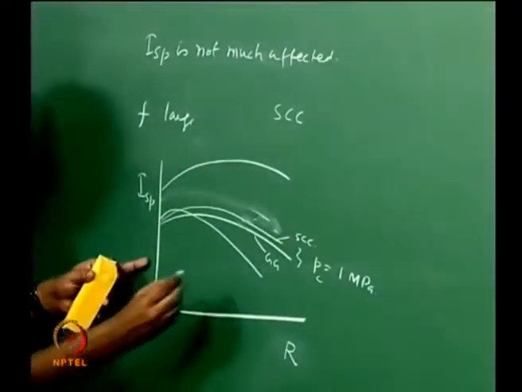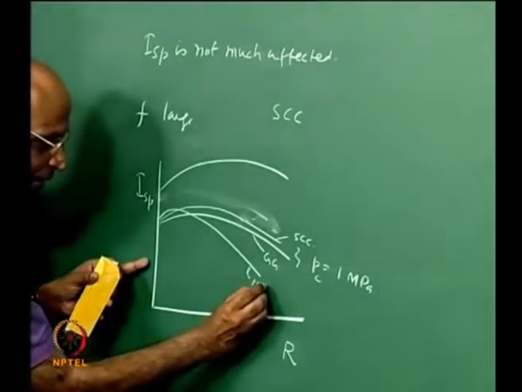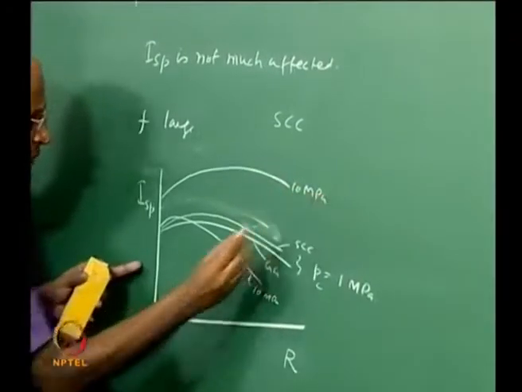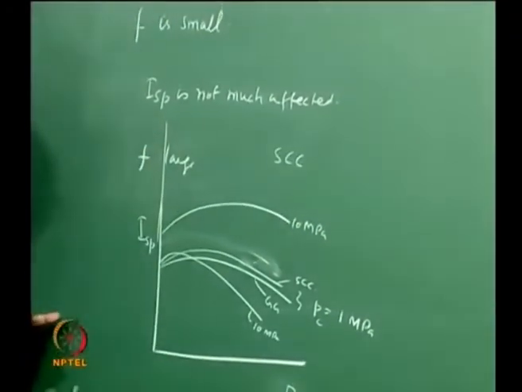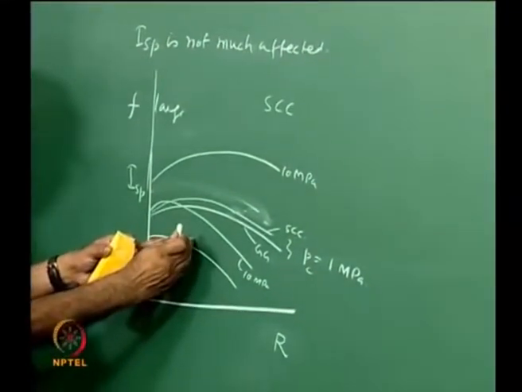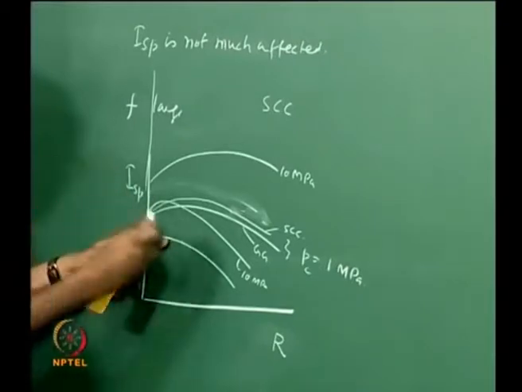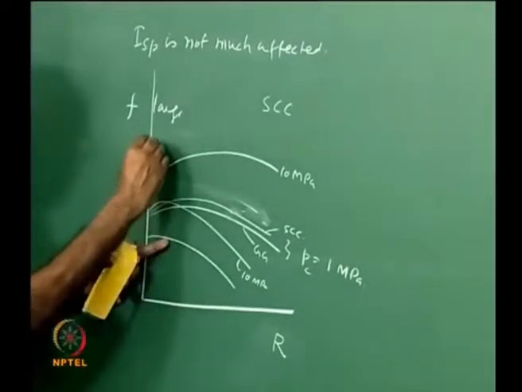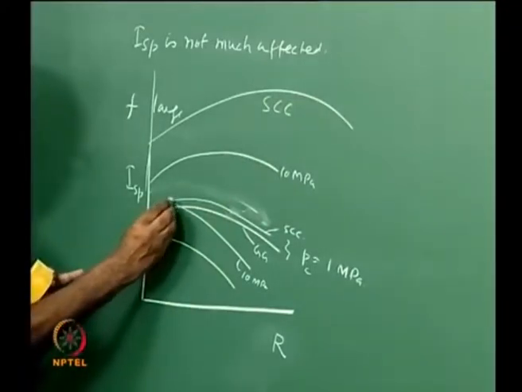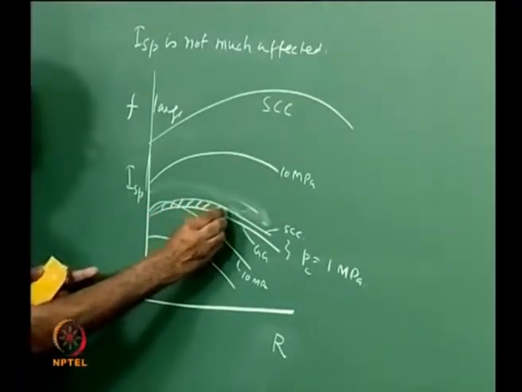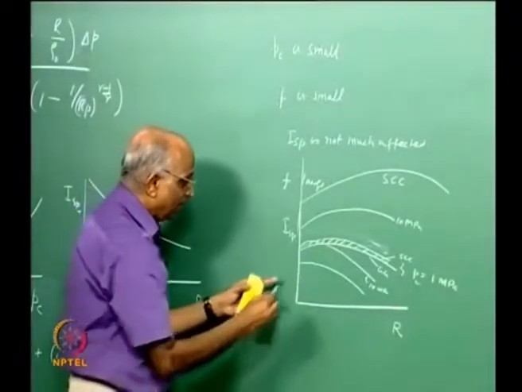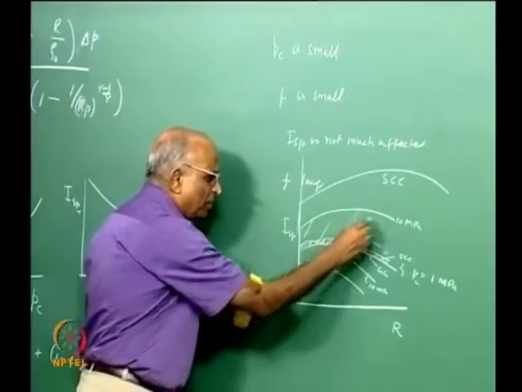If I go to still higher pressures, this is 10 MPa and this is also 10 MPa. If I go to something like 20 MPa or 200 bar, maybe my GG cycle will come like this, because I am losing a lot of my impulse in the gas generator, in the auxiliary nozzle, whereas my stage combustion cycle will be much better. In other words, at low pressures I do not lose much by operating a gas generator cycle, whereas at high pressure I keep losing more and more.